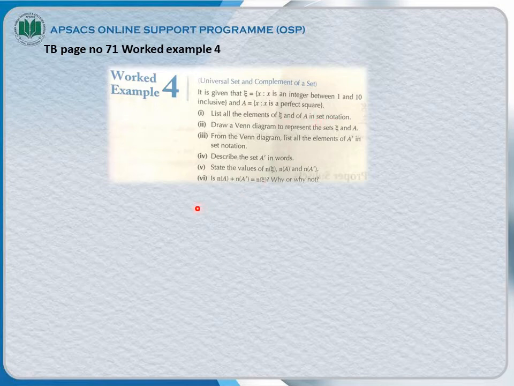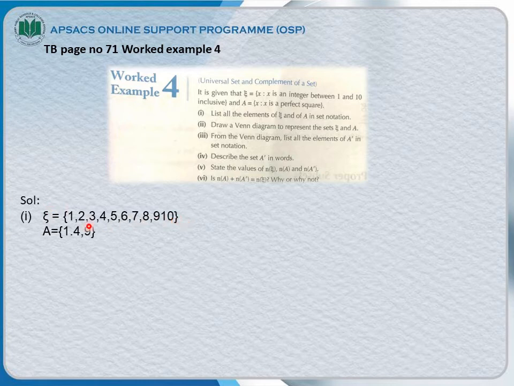The universal set is 1 to 10 inclusive, and set A is the perfect squares. 1 is a perfect square, 4 is a perfect square, 9 is a perfect square. 2 times 2 is 4, 3 times 3 is 9, and 4 squared is 16, but 16 is not present in the universal set, so we take the elements in A from 1 to 9.